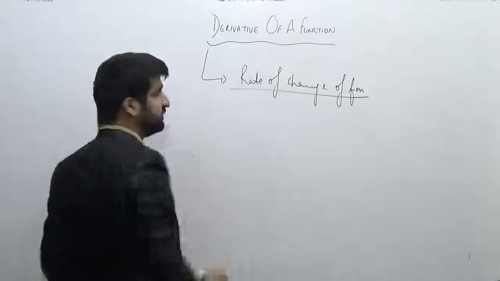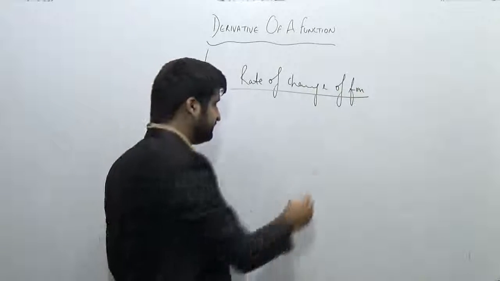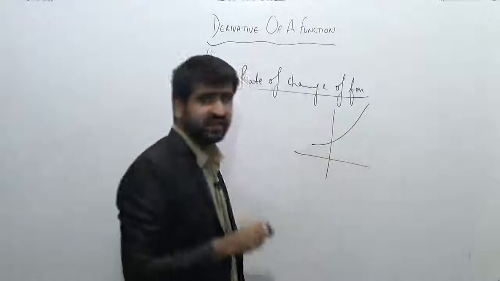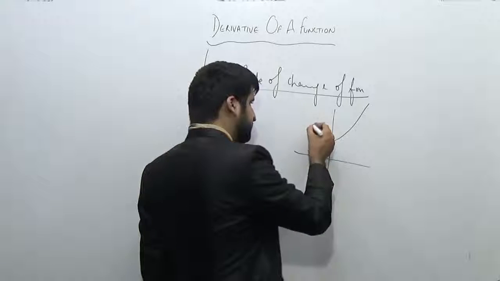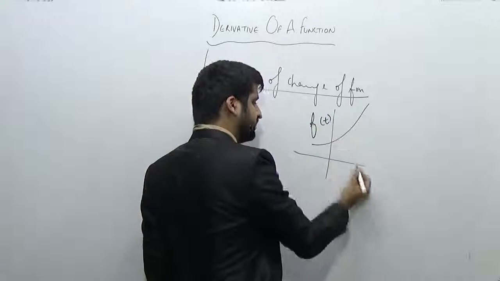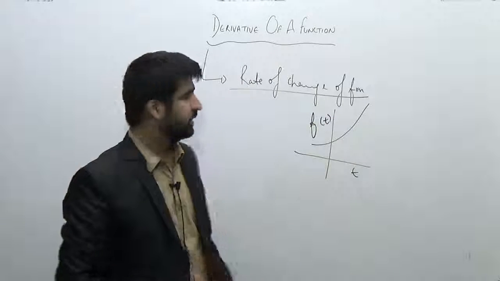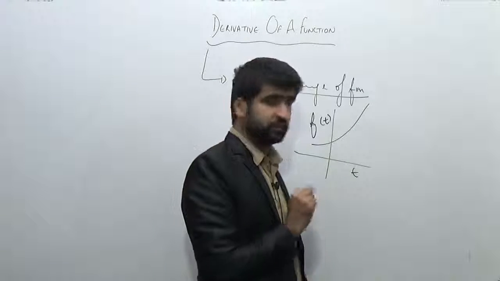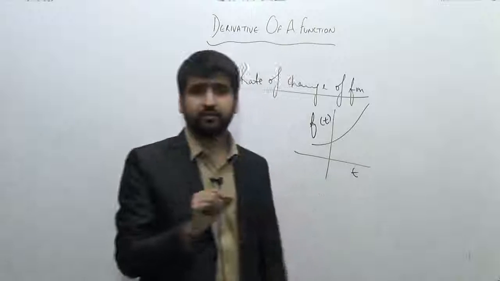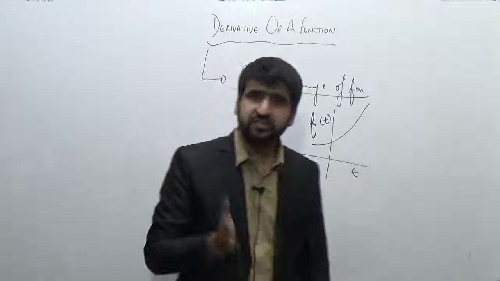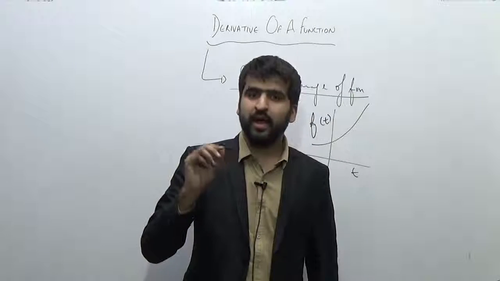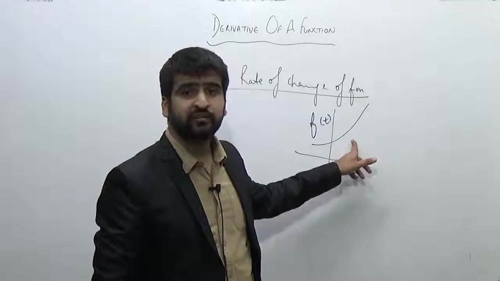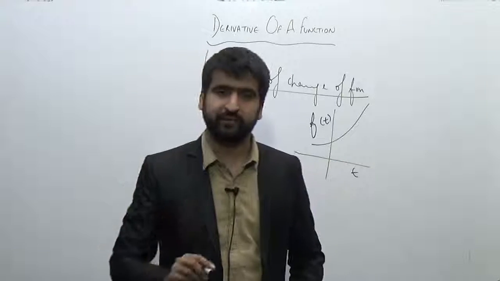Now what do I mean by the rate of change of the function is that this geometrically signifies the slope. Like let's say this is a function which is dependent on time, right? This is f(t) and this is t. Now the slope will give us the rate at which the function is changing, and that will be the instantaneous slope of this function at a given point.